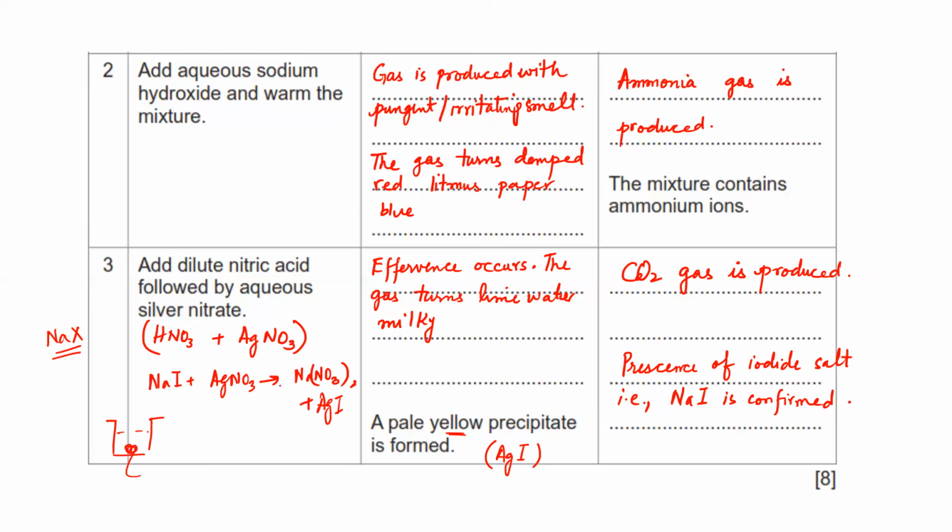I'm not balancing it here. All nitrates are soluble, so nitrate will be soluble, and the silver iodide is actually a yellow precipitate. This happens in an acidic environment, and this is a test for checking the presence of sodium based salts.